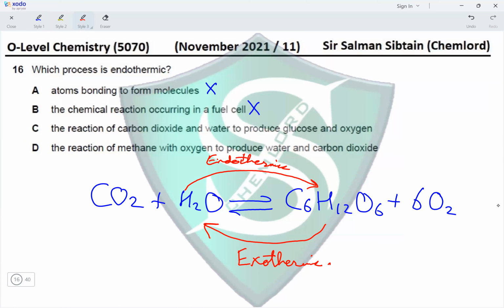So option C has an endothermic process stated. D, the reaction of methane with oxygen to produce water and carbon dioxide. This is called combustion. Combustion is always exothermic. So based on our findings, option C is the correct option for this question.